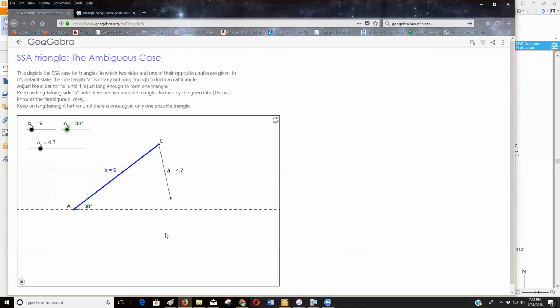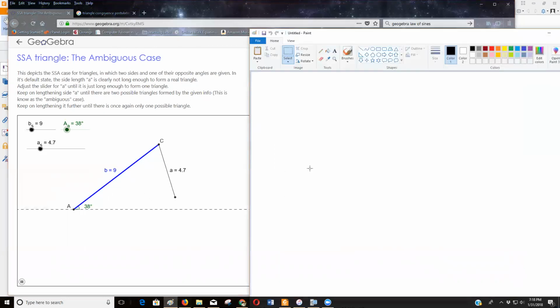So if we even tried to use the law of sines for this, let me pull up a whiteboard here, and set up the law of sines. This book uses the sides on top first.